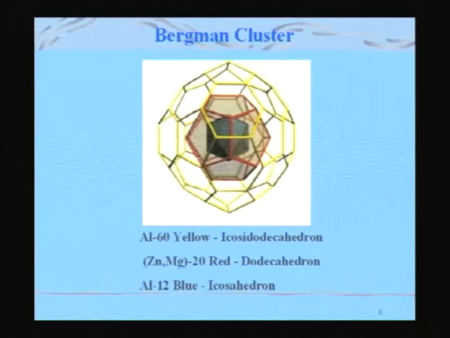It will be 12. Imagine a pentagon, another pentagon, rotated with respect to each other, and two vertices, one on top, one on bottom.